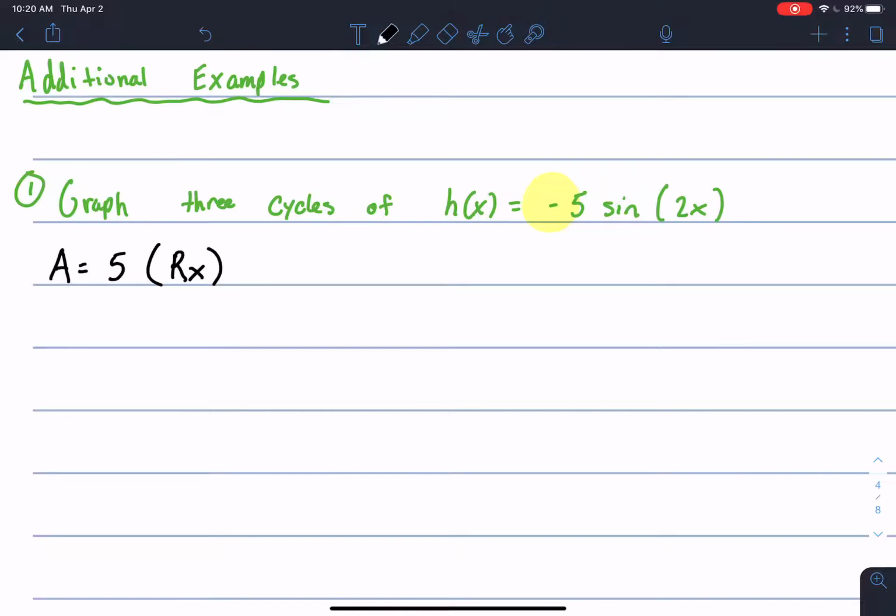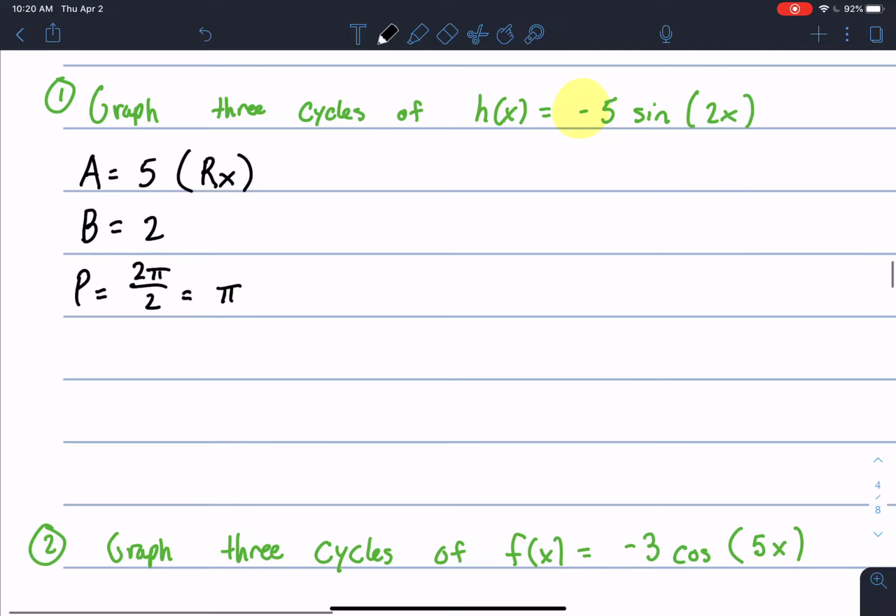That's just going to change our pattern a little bit. Now the b term is 2, which makes the period 2 pi over 2, or pi. And then my interval is going to be pi over 4.